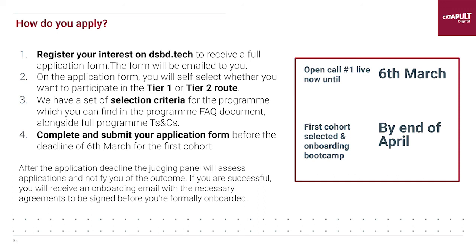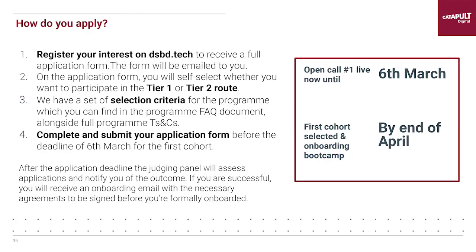On the application form, you'll let us know whether you want to be part of the more involved 6-month grant funding route or the more light touch route where you get the board access only. We have a set of selection criteria for the program, which you can find in the FAQ document on the website, alongside some terms and conditions, which you just need to read through.